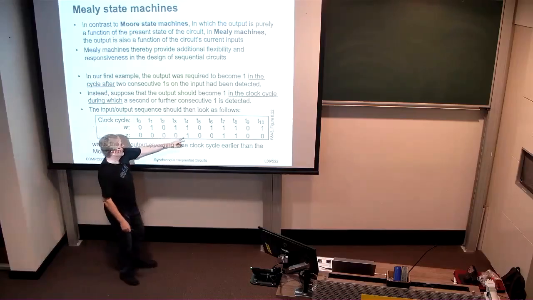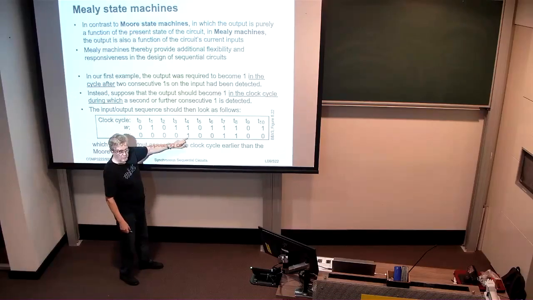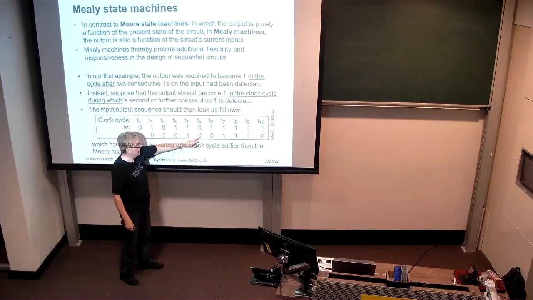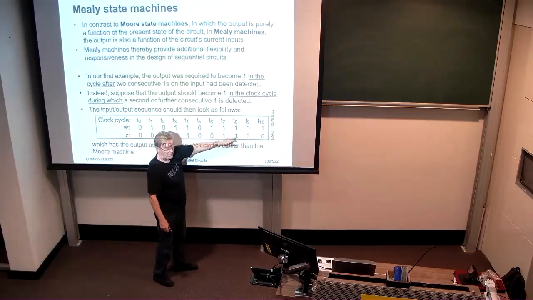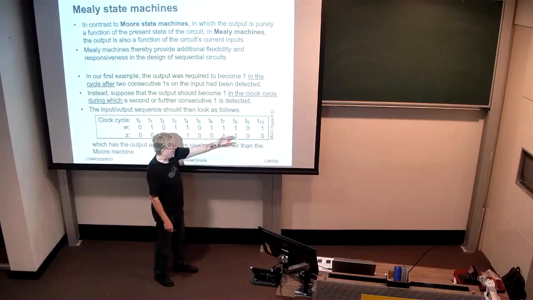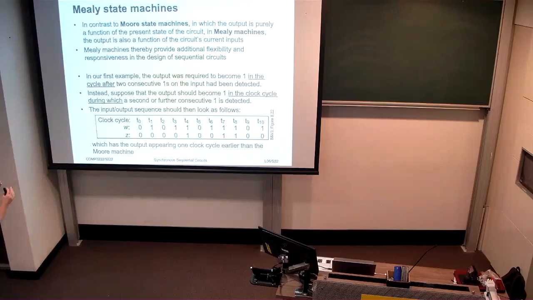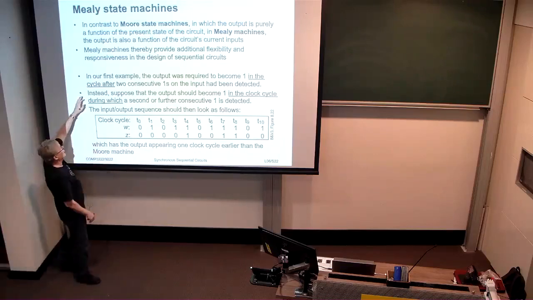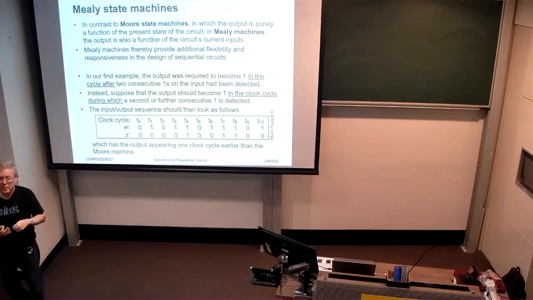Now we see that the output goes to 1 on the second 1 in time period T4. Previously, it went to 1 in time period T5. We also observe that the output is 1 in time periods 7 and 8, corresponding with the second and third W that we see in a row. But as soon as we get a W of 0 in T9, the output goes back to 0. So the impact of this change is that the output shifted forwards in time by 1 clock period.